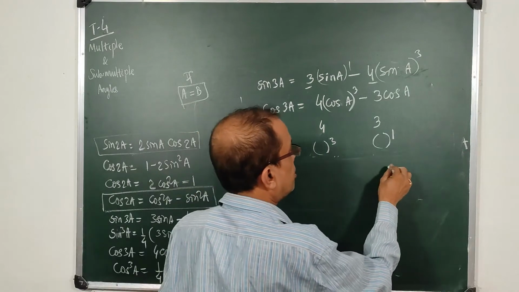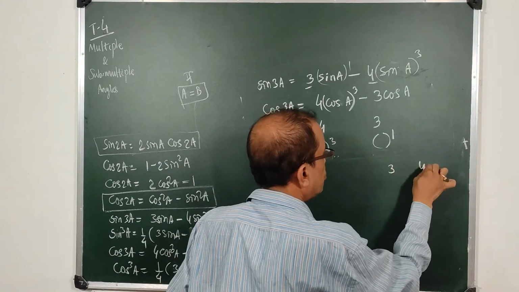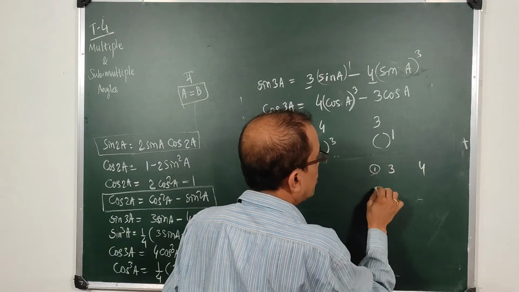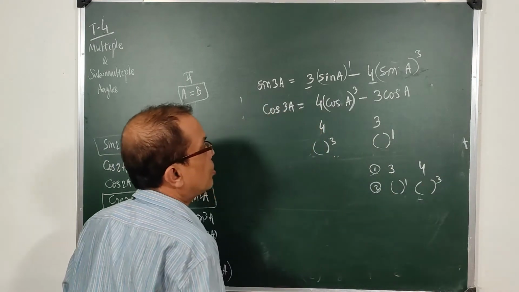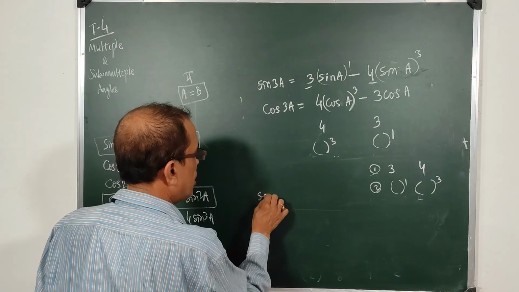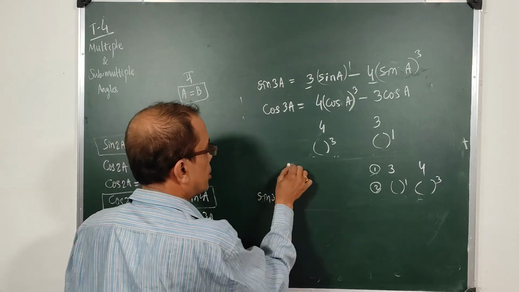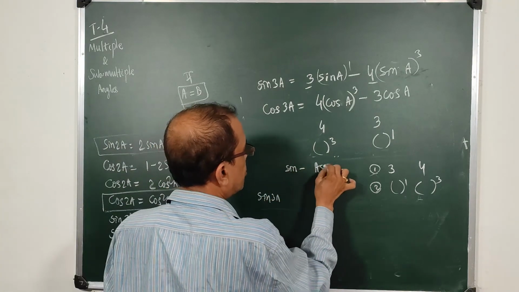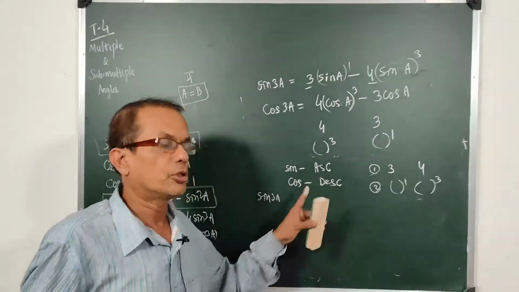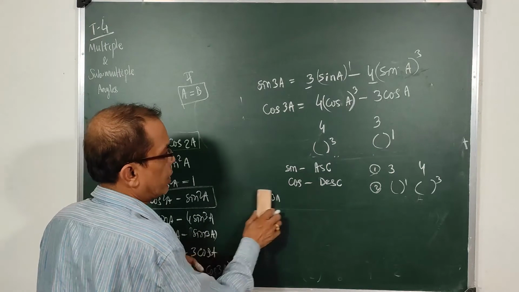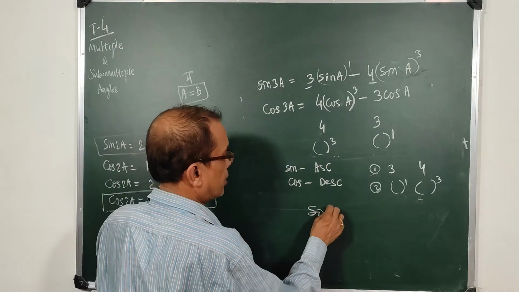So technically there is a general formula. We know that in a 3a formula there are 2 numbers used and 2 powers used. For sine 3a, sine is ascending order and cos is descending order. So using this technique one can remember what is sine 3a.